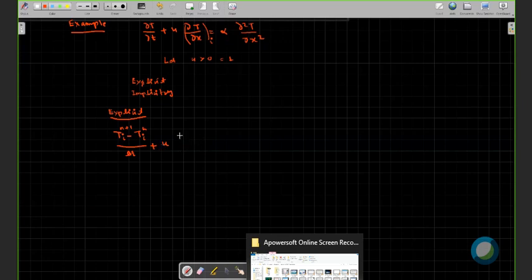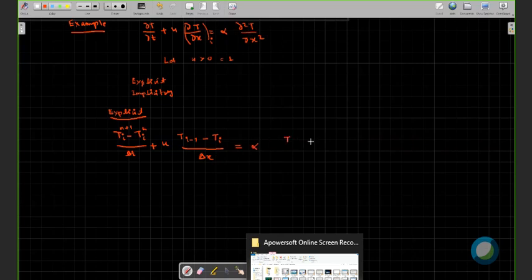So what was the backward difference? T I minus 1 minus T I, divided by delta x. And for this particular case, what is the discretization?